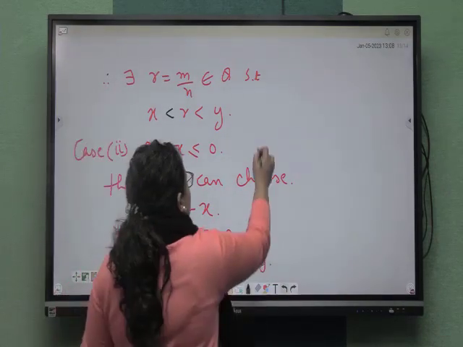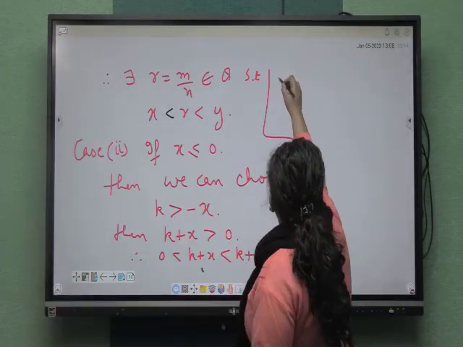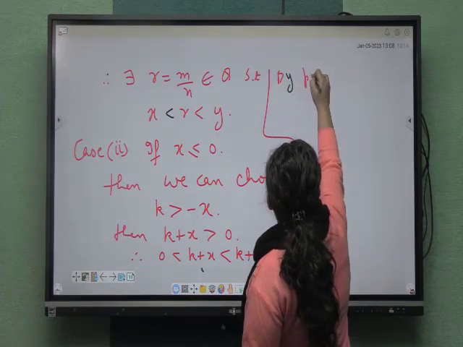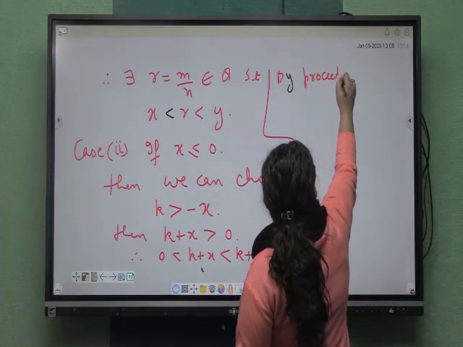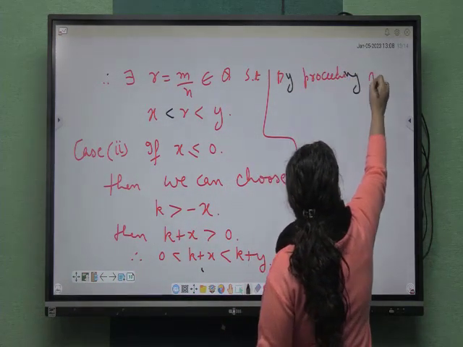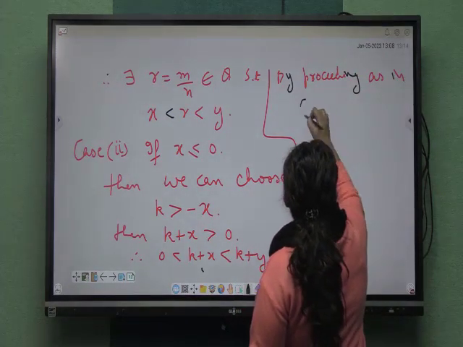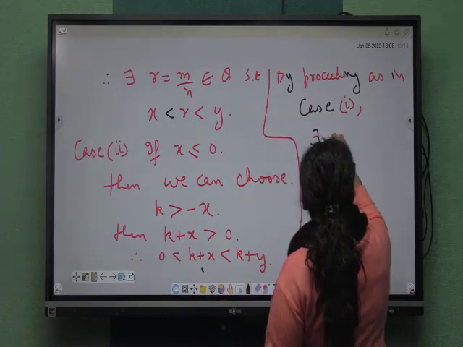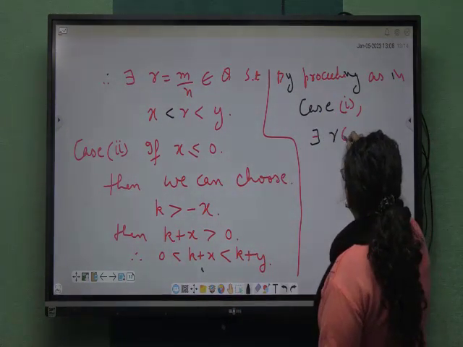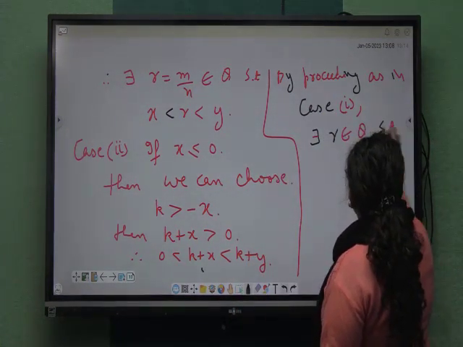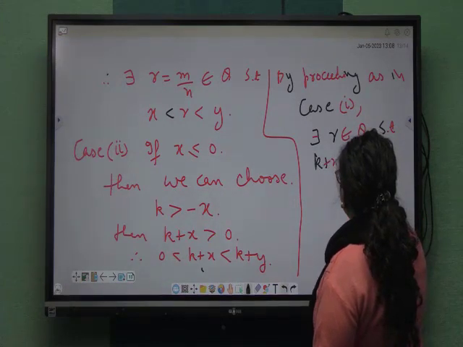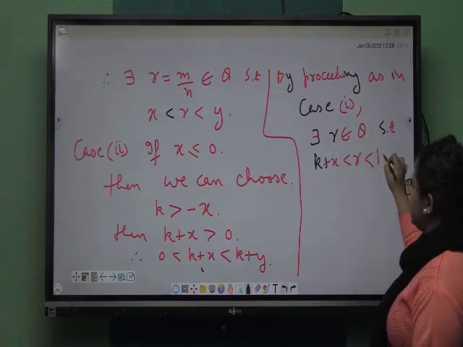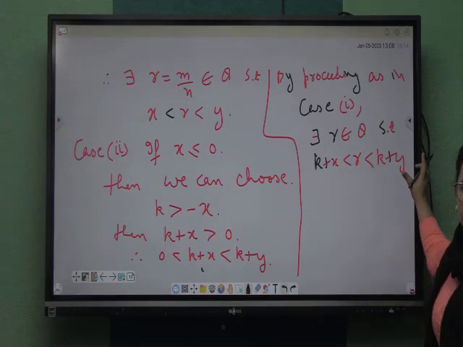So by proceeding as in case 1, there exists r belongs to Q such that k plus x is less than r is less than k plus y, right?